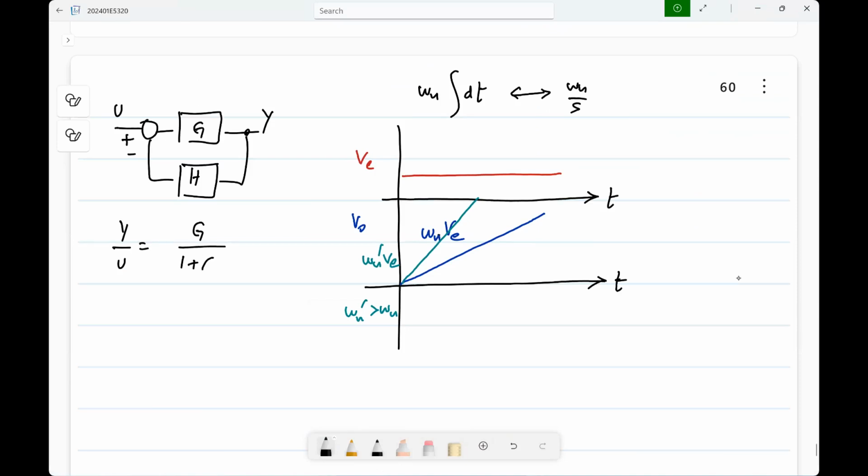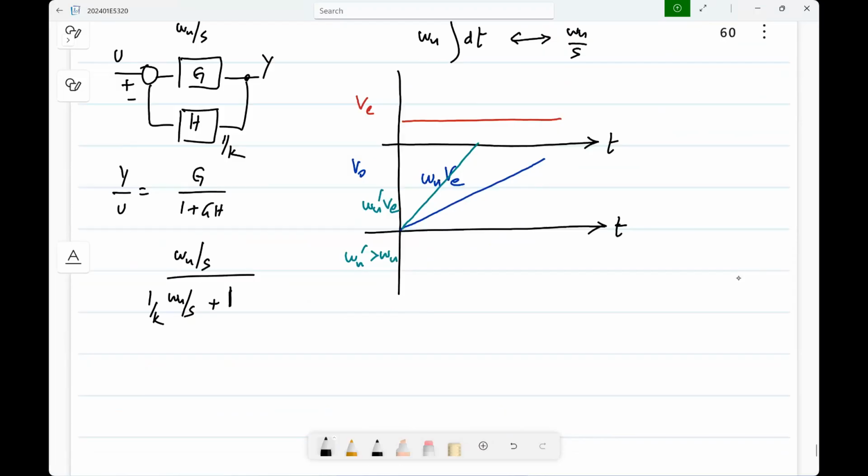G by 1 plus GH. So these things are worthwhile remembering. It's a shortcut. In our case, G is omega u by S and H is 1 by K. So basically you can write it as omega u by S over 1 plus 1 by K times omega u by S.